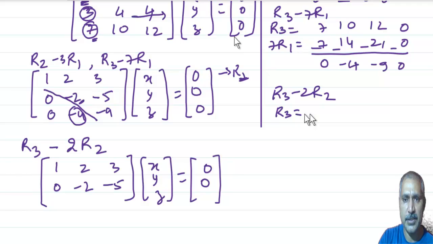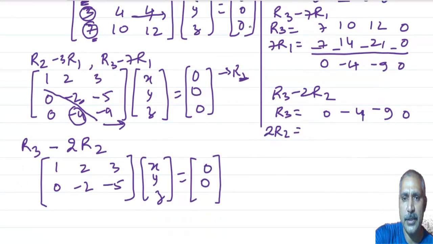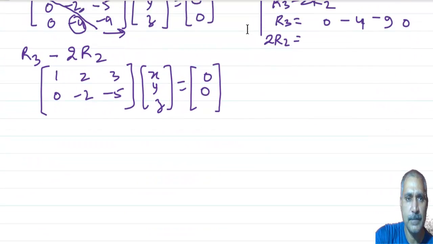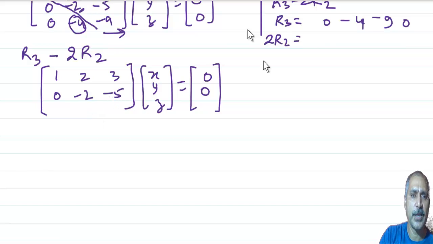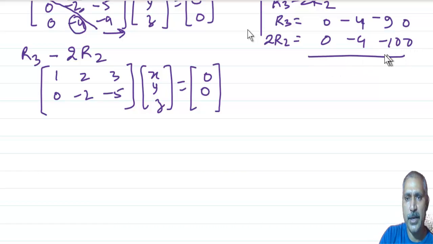R3 elements are 0, minus 4, minus 9 and 0, that is this row, and we will be subtracting 2 times R2. We will write 2 times R2. R2 elements are 0, minus 2 and minus 5, so we will be multiplying that by 2. It will be 0, minus 4, minus 10 and 0. We will be subtracting that.